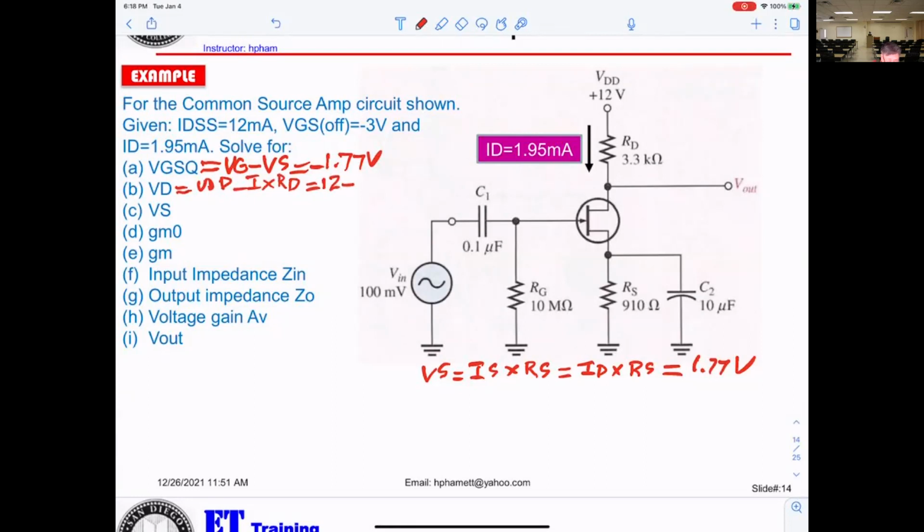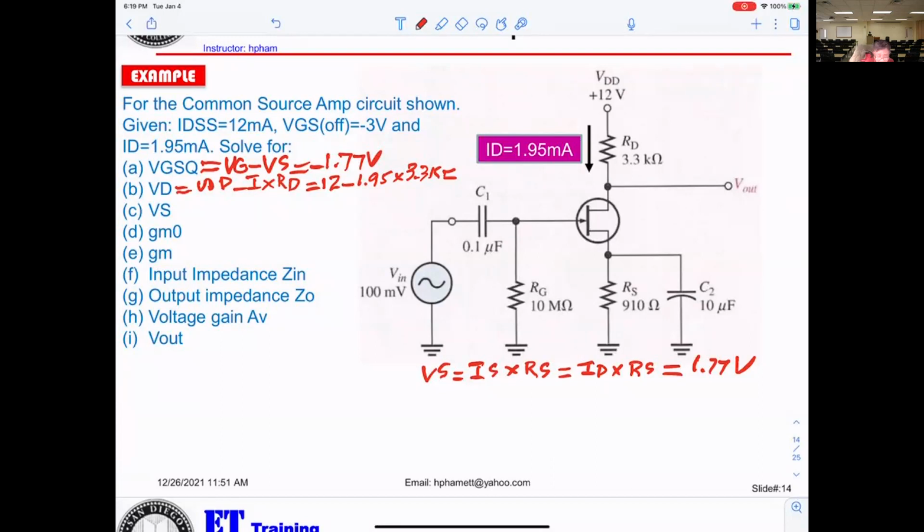ID they gave to you 1.95 milliamp times 3.3K.